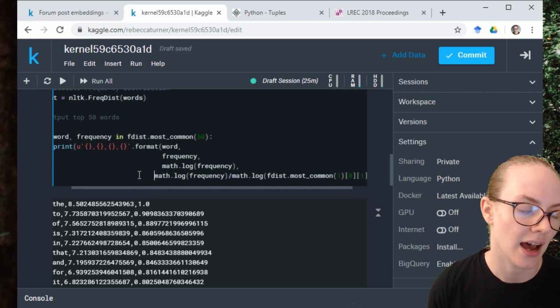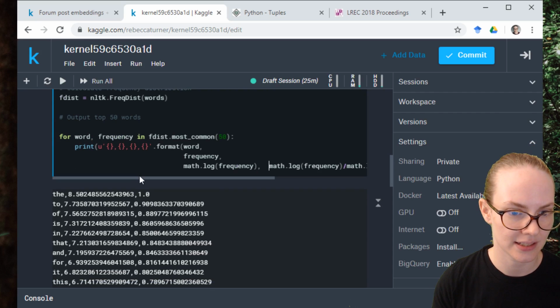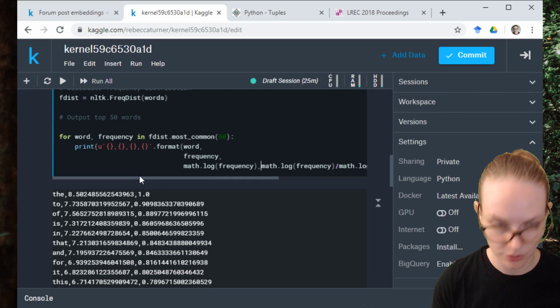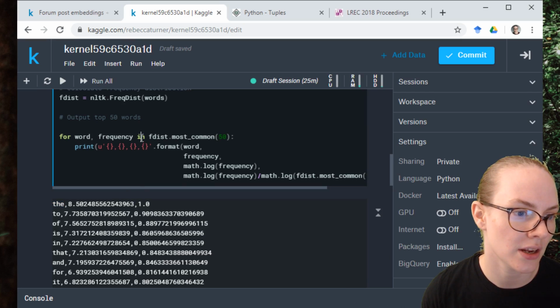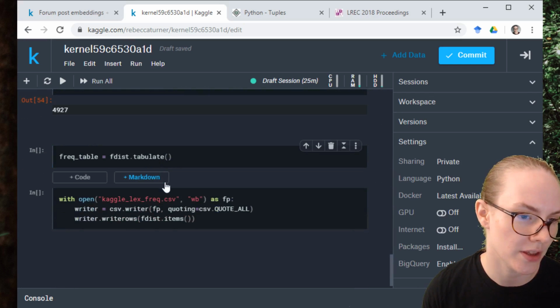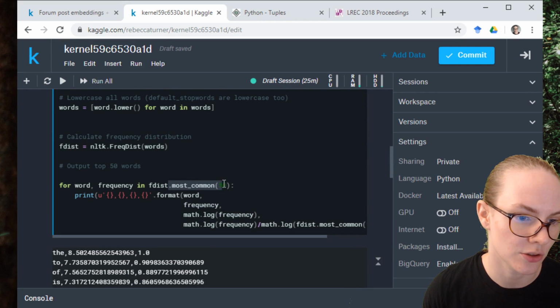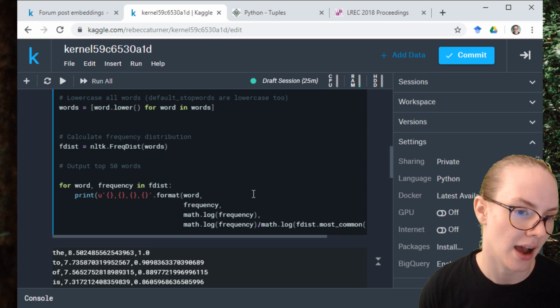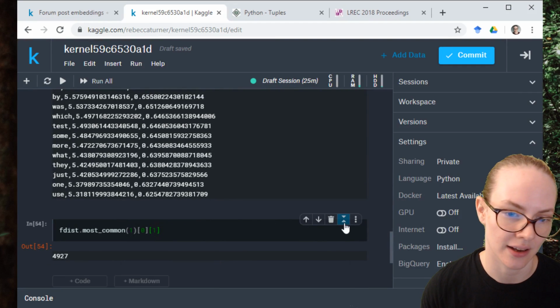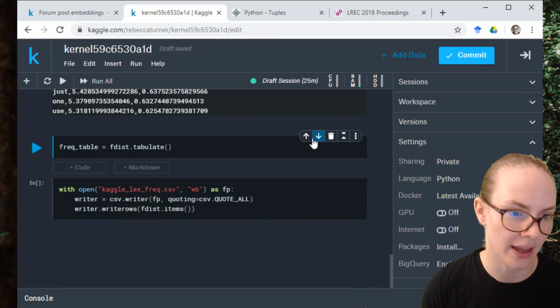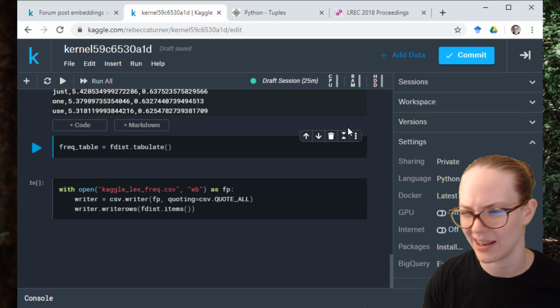And let's actually put these all in a CSV. And instead of the most common, let's do them for the whole thing. And instead of only doing it for the first 10,000 forum posts or however many we did, we're going to do them for all of them.